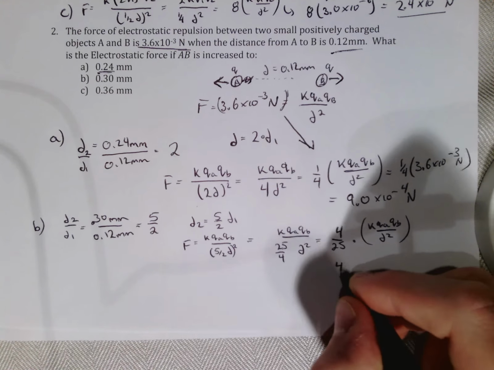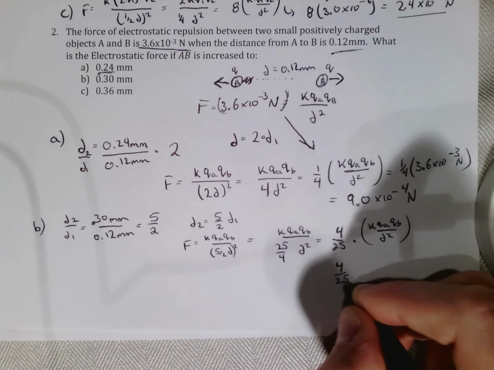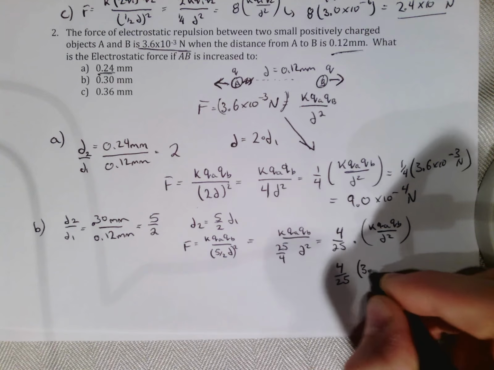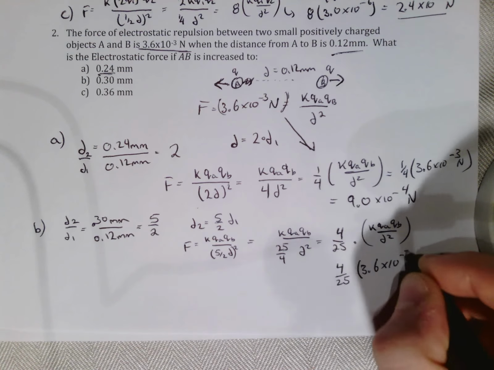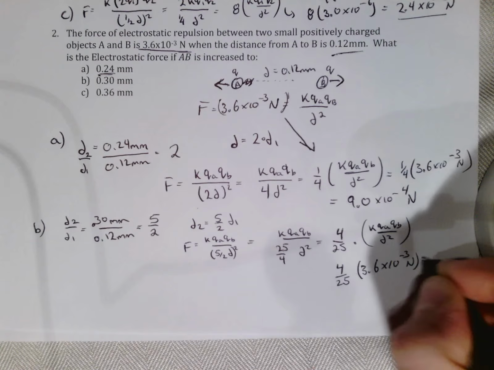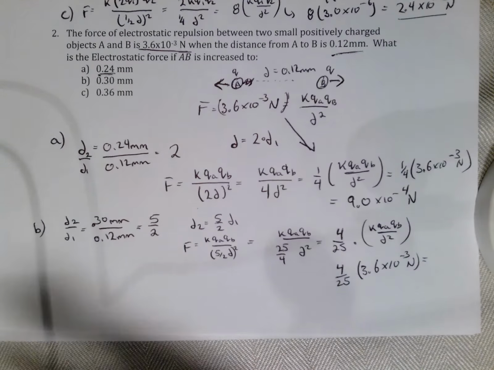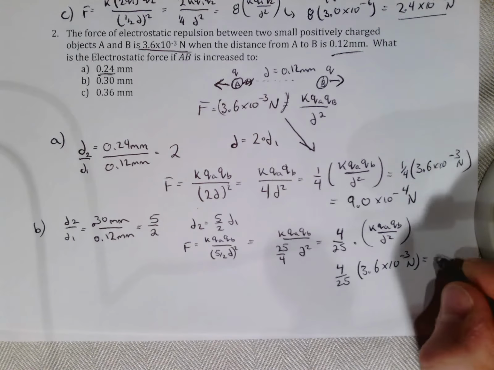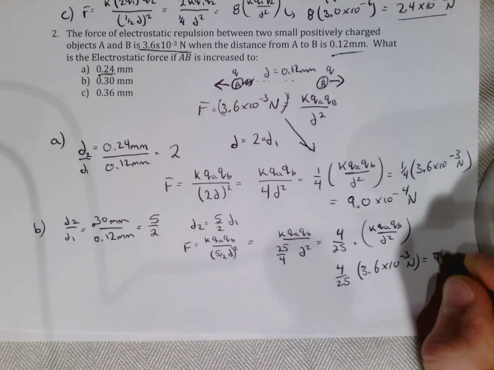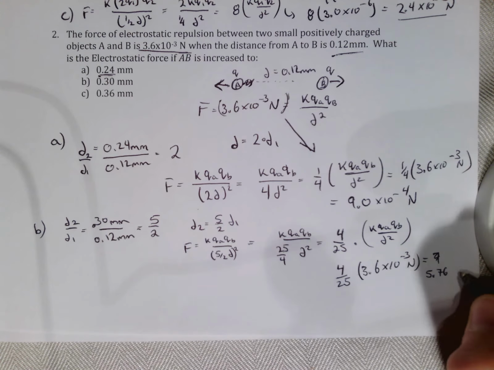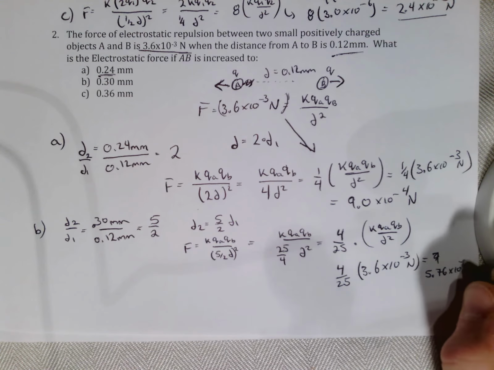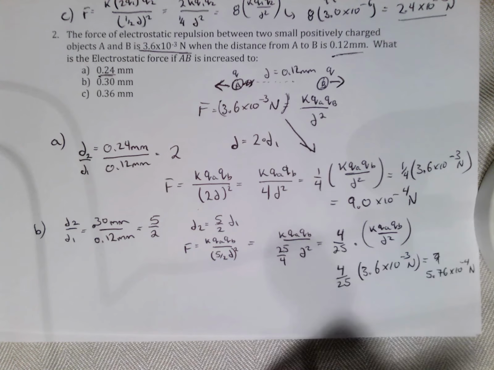So my force is going to be 4/25 of 3.6 times 10 to the negative 3 newtons, which gives me an answer of 5.76 times 10 to the negative 4 newtons.